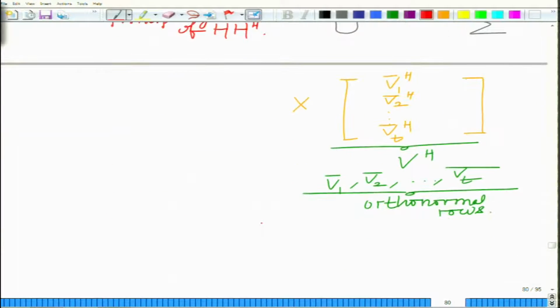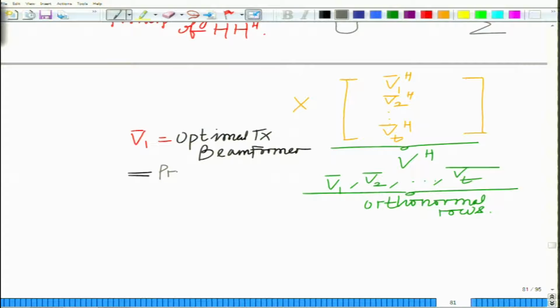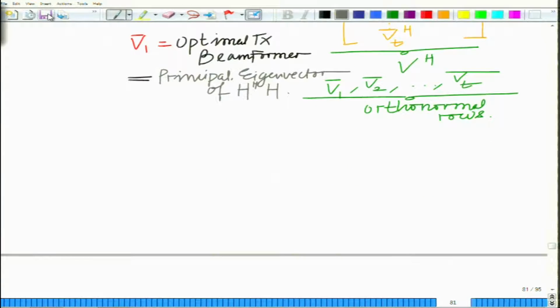And V1 bar is the optimal transmit beamformer, that is, it maximizes the gain. This is also equal to the principal eigenvector of H Hermitian H.